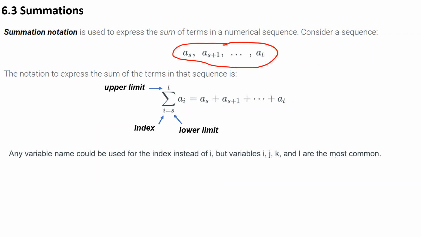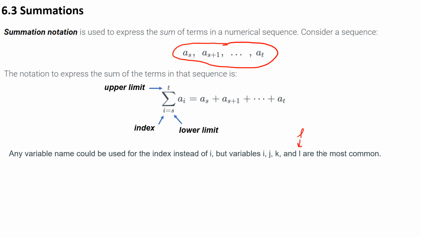Now we could use any variable for the index of a summation symbol, but we usually use I's, J's, or K's. Now the book says L's are also common. The reason I don't like L's is that in some fonts, an L would look like a 1, and that can be confusing. If we're going to use an L, of course, we would want to do a cursive L or something like that.